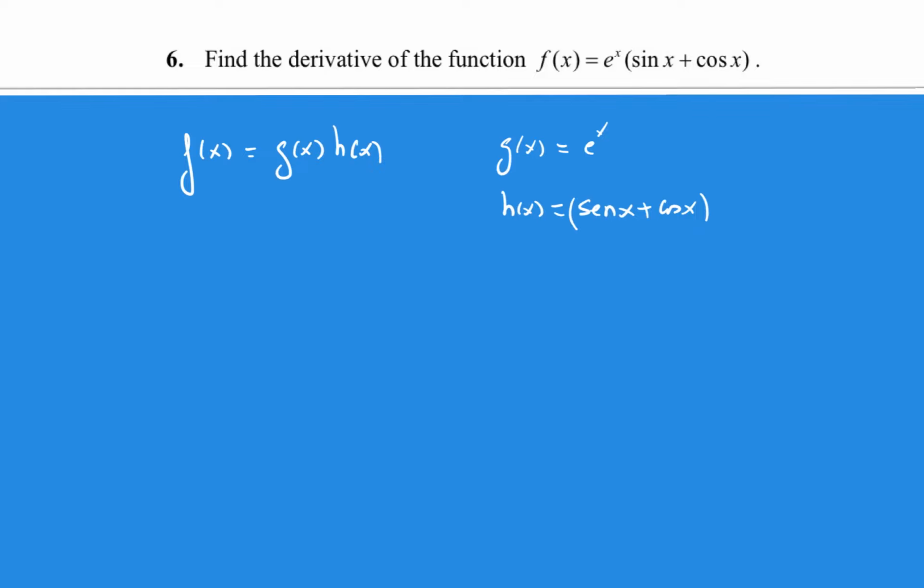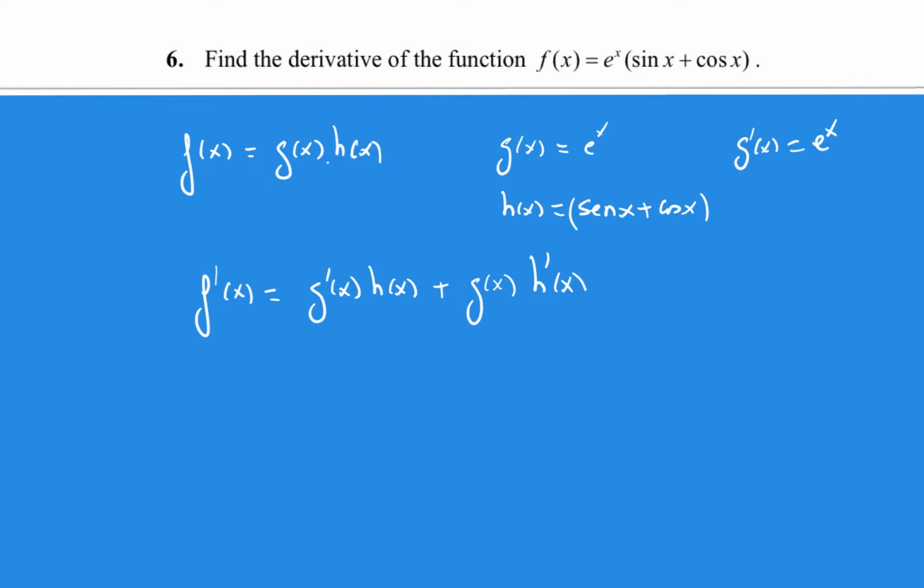Okay, and what is the derivative of the product? The derivative of the product is the derivative of the first times the second plus the first times the derivative of the second. In this case, because g of x is e to the x, g prime of x is e to the x.